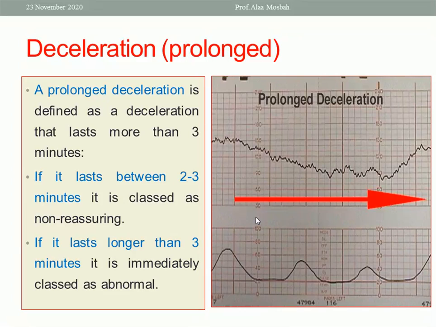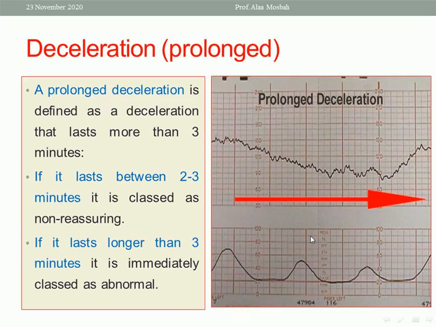Another type is prolonged deceleration. We can say a deceleration is prolonged if it lasts more than 3 minutes, or the drop of the fetal heartbeat continues for more than 3 minutes, as you see in the picture.